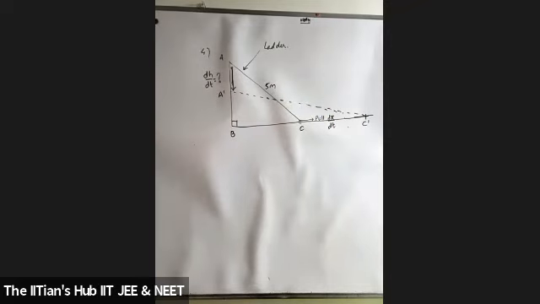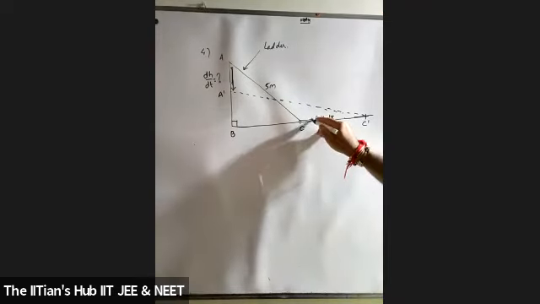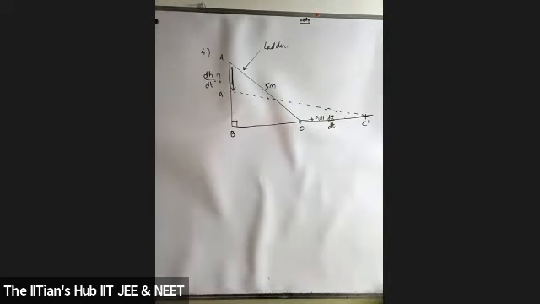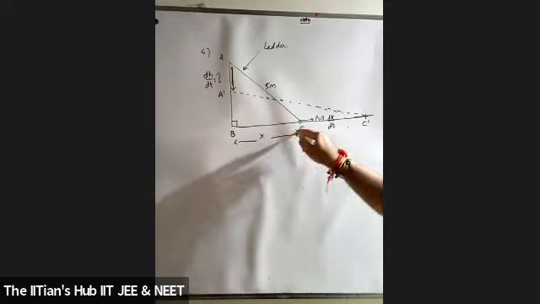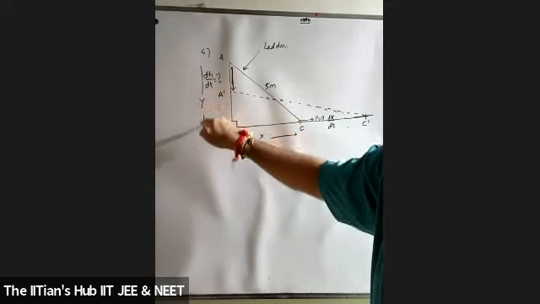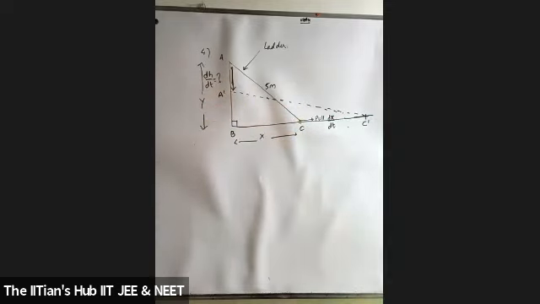So AC is 5 meters. Then by Pythagoras theorem, x square plus y square is equal to the hypotenuse squared. So we write x square plus y square is equal to 5 square, which is 25.